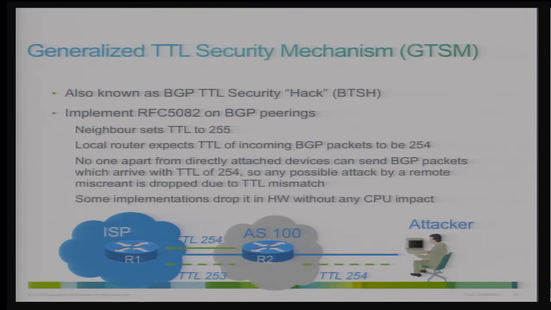When that happens, the TTL has been reduced to less than 255, so it will be dropped. So it's important to implement GTSM, if it is supported.